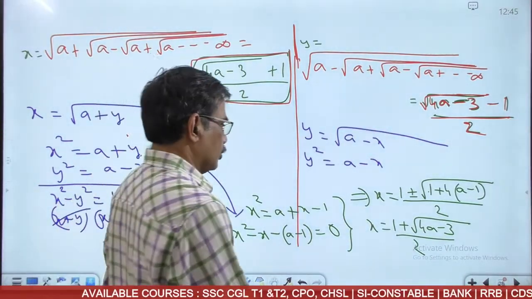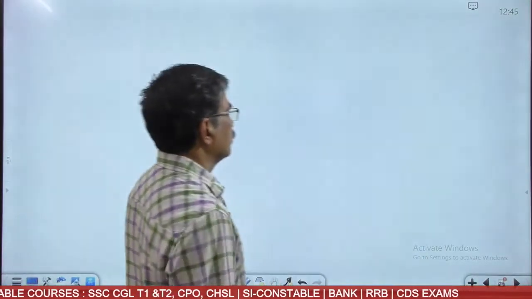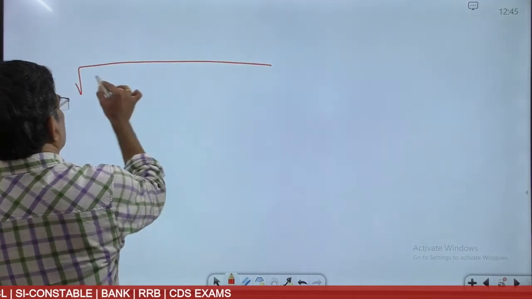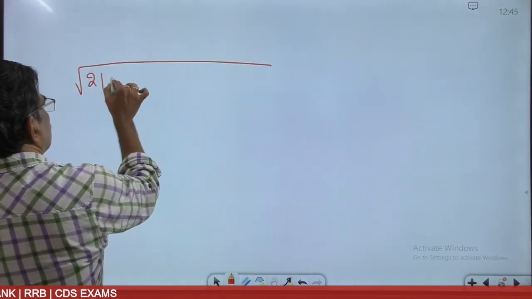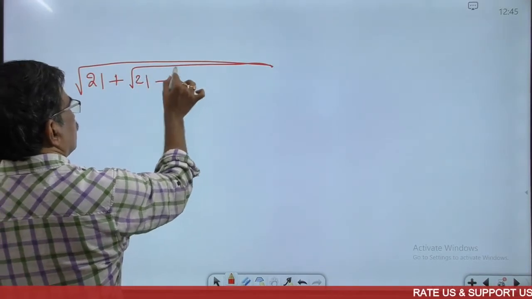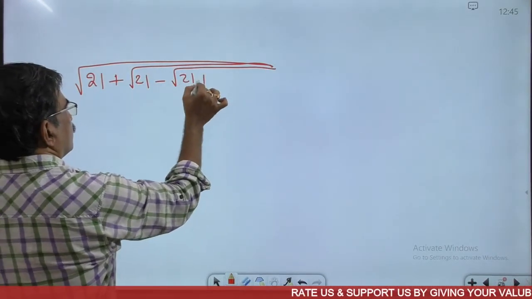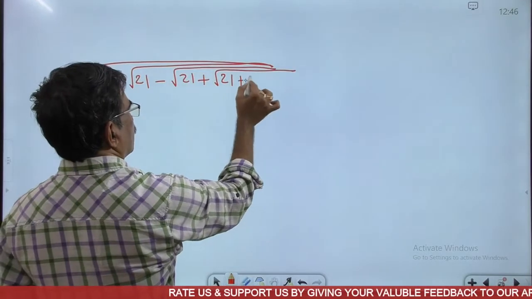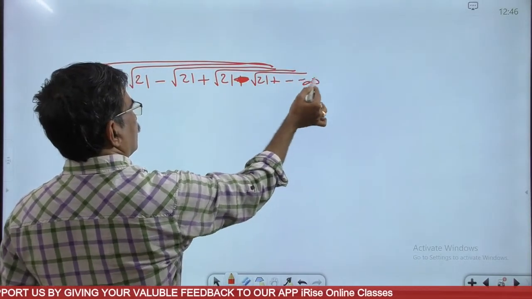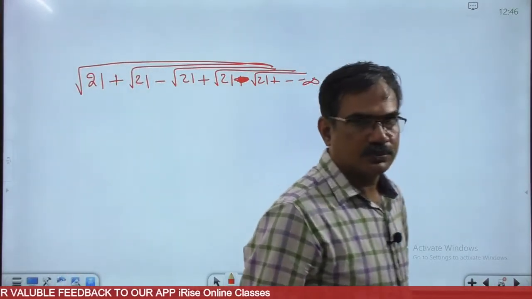Okay. So here I want to give a simple question based on this. Root of 21 plus root of 21 minus root of 21 plus root of 21 minus root of 21 plus and so on up to infinity is equal to how much?